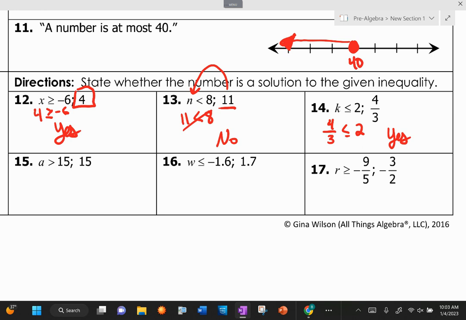Number 12? Yes. You have an unequal sign. That's why this unit is called inequality, not equation.